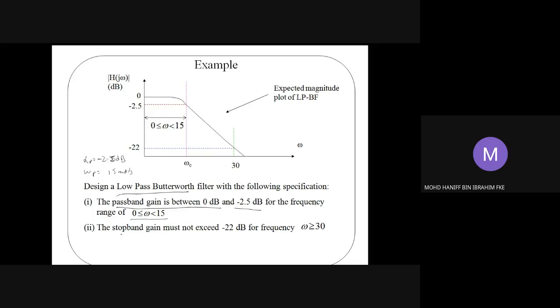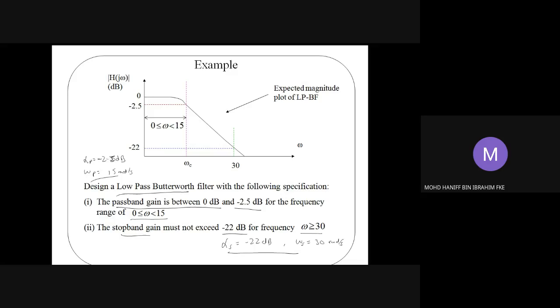Whereas for the stopband gain, it is negative 22 dB for frequency bigger than 30, which means the alpha S is negative 22 dB and your omega S is 30 radian per second. These are the information obtained from the question.